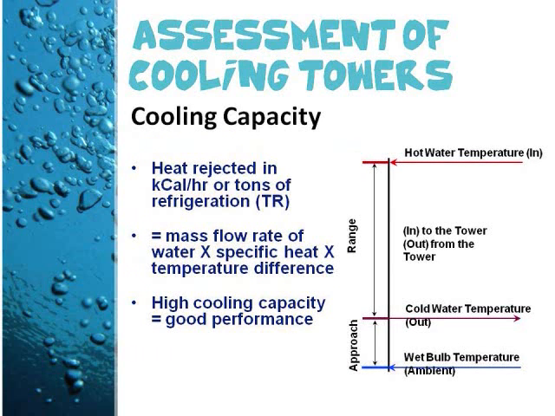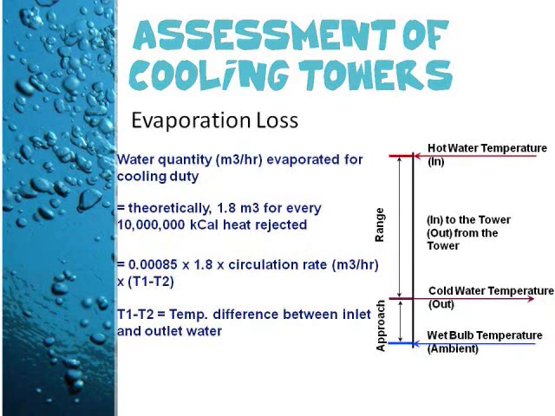Cooling capacity is the heat rejected in kilocalories per hour or tons of refrigeration, given as the product of mass flow rate of water, specific heat and temperature difference. Evaporation loss is the water quantity evaporated for cooling duty. Theoretically, the evaporation quantity works out to 1.8 cubic meters for every 1 million kilocalories of heat rejected.